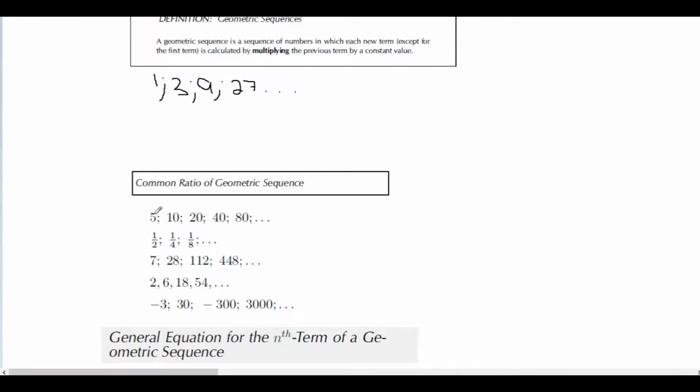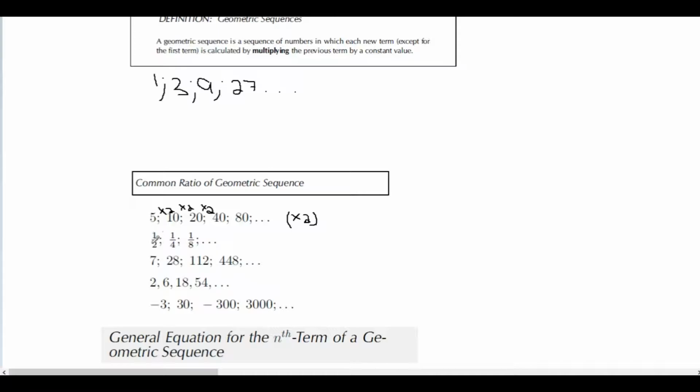So to get from 5 to 10, we multiply by 2, and then 10 to 20, we multiply by 2 again. To get from 20 to 40, we multiply by 2. So we've taken the previous number and multiplied it by our ratio to give us our new value. So this here is multiplied by 2.